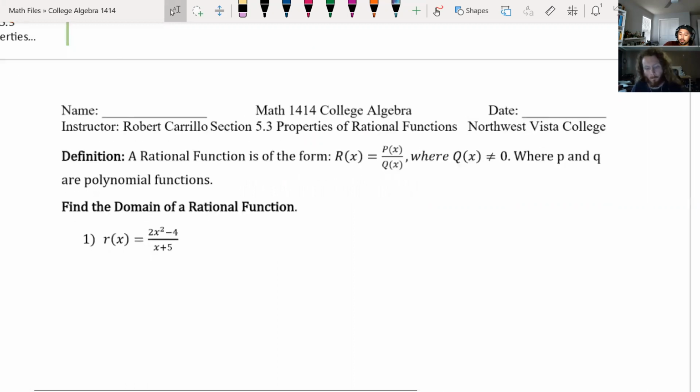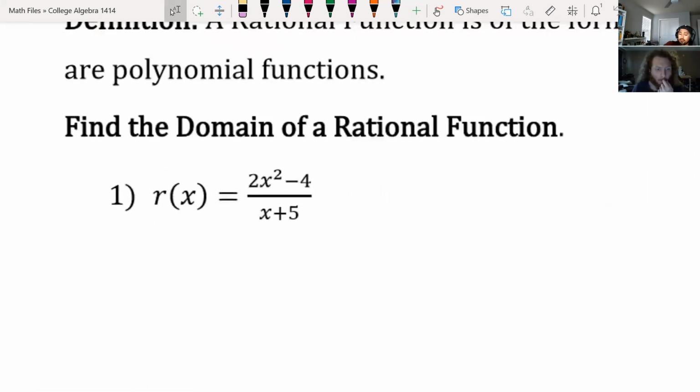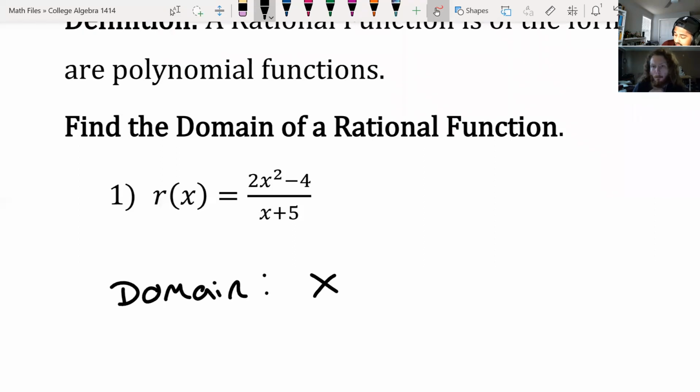So for number 1, we're given r of x equals 2x squared minus 4 over x plus 5. So remember, to find the domain of a rational function, you would take the denominator and set it equal to the number that can never, ever be in your denominator.